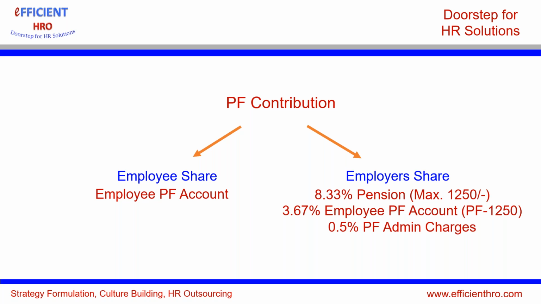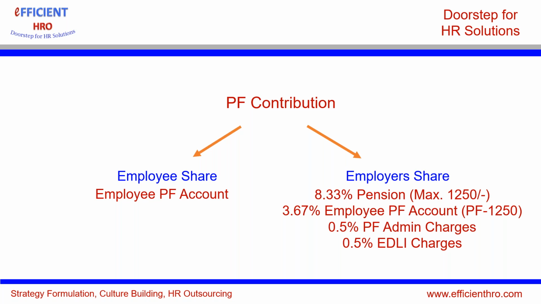Then 0.5% will be PF admin charges. This PF admin charge will be calculated on total PF wages. And the remaining 0.5% is EDLI charges. What is EDLI? EDLI is Employee Deposit Linked Insurance. All the members who are covered under PF also get covered under an insurance scheme.